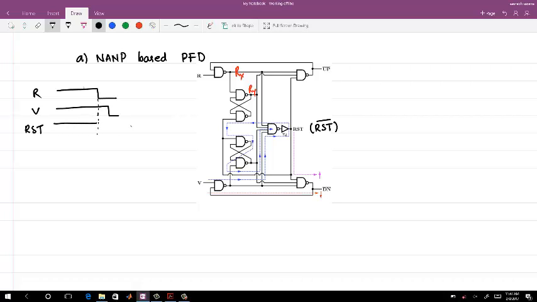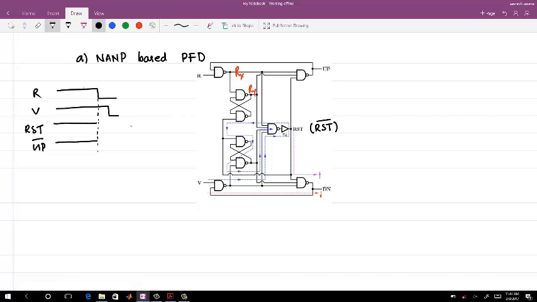This is just to show you that when R is high, the up bar signal is also high. I'm just trying to show that this is how the circuit works here, so you should not get confused.